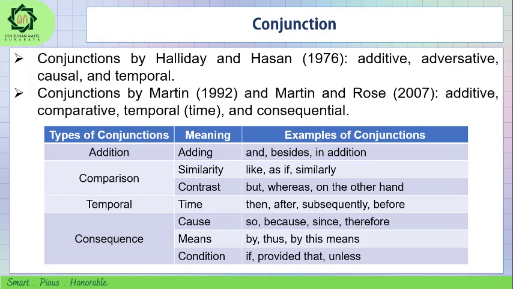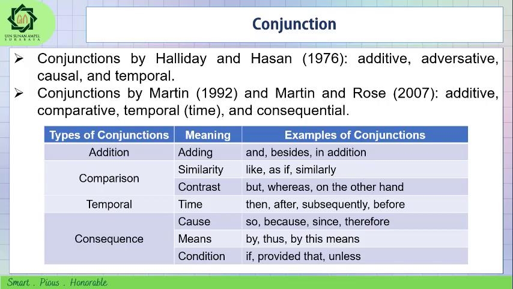The next one is conjunction. So conjunctions by Halliday and Hasan, there are four categories of conjunctions, which are additive, adversative, causal, and temporal. However, it was developed further by Martin and Rose, whose categories are additive, comparative, temporal, and consequential.